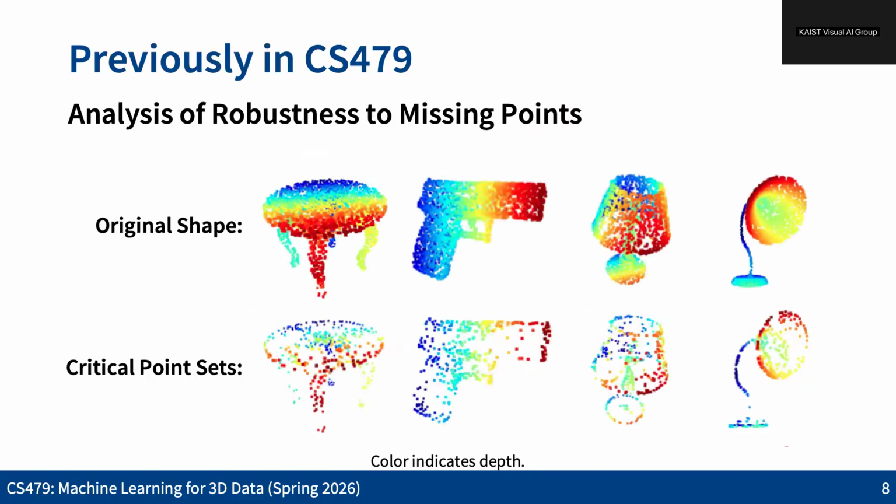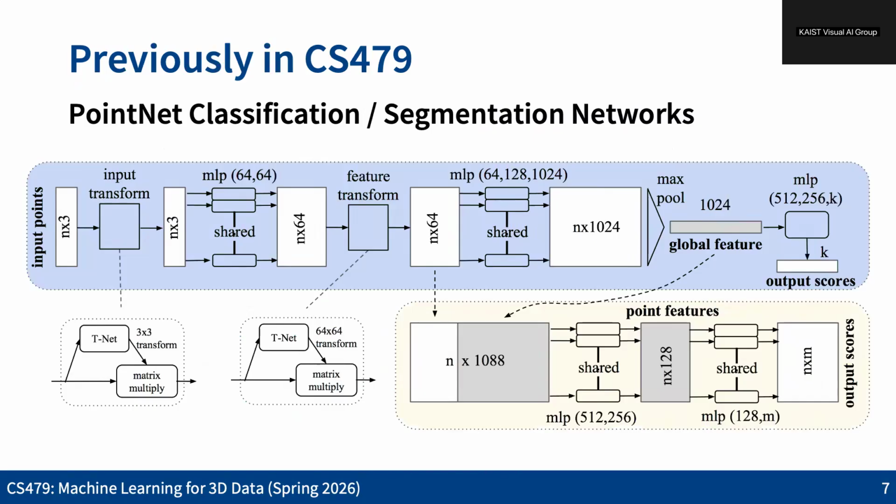So it's all because of the max pooling here, right? Since we are taking max pooling as our symmetric function, at this step, for each dimension in the global feature, there will be one point out of all the points in the input point cloud which determines the number of each dimension.